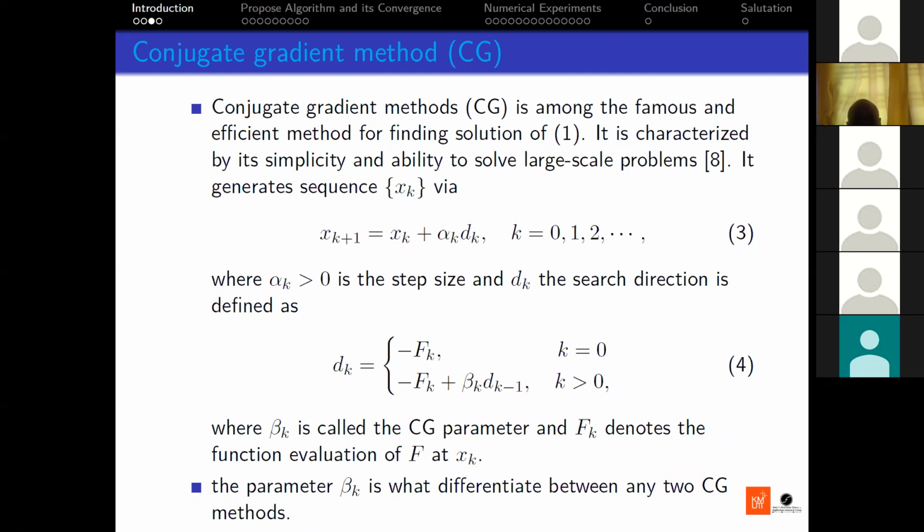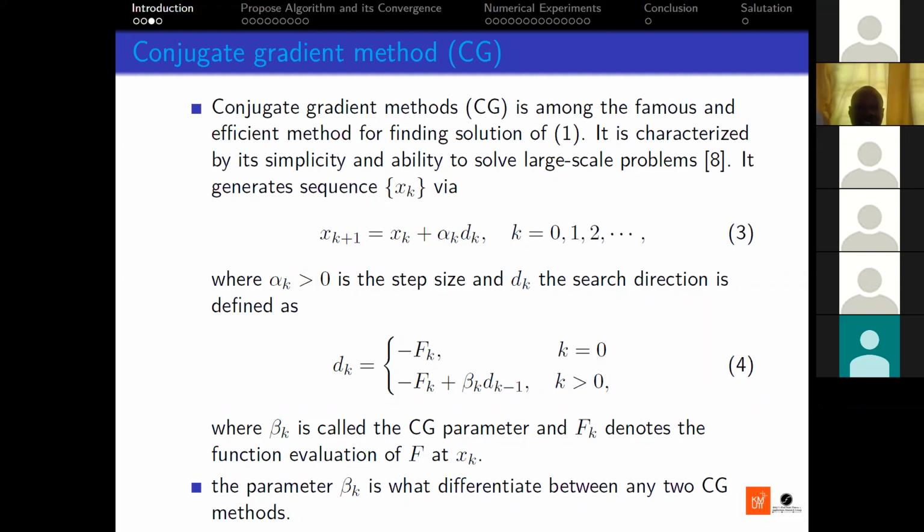Because in Newton's and quasi-Newton methods, there is a need to compute and store the Jacobian matrix at every iteration. So when the dimension of the problem becomes very large, the Jacobian matrix also becomes very large. And computing such a matrix and storing it at each iteration is going to be very, very difficult.